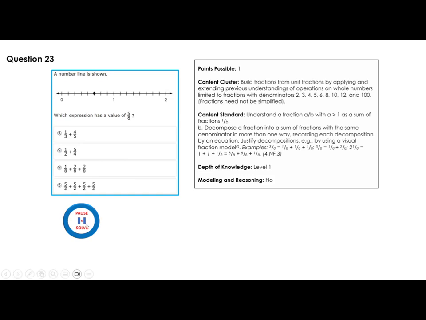Again, to remember, when you see this, pause the video, answer the question, and then come back and look at your answer. A number line is shown. Which expression has a value of 5 over 8?